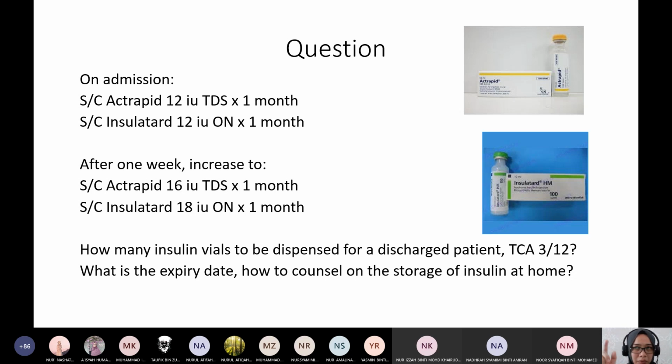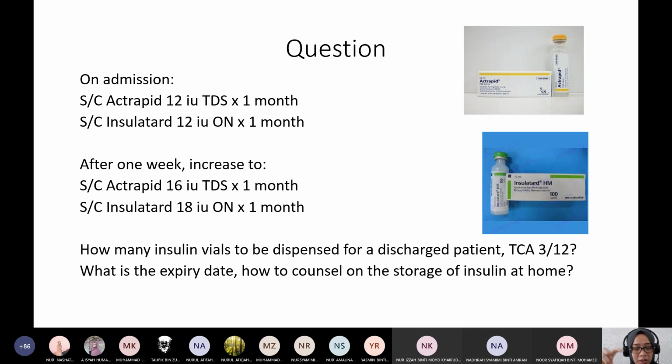Why? Because you need to check first with the ward whether the one that you supplied in the last 3 days still has a balance and can still be used. If there is still a balance, then they need to finish that first. When it's almost finished, only then can they send a new prescription, a new order.